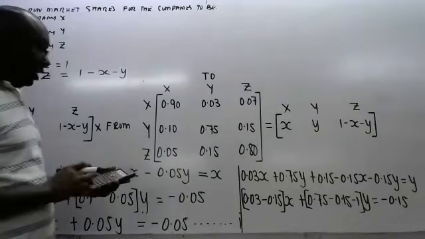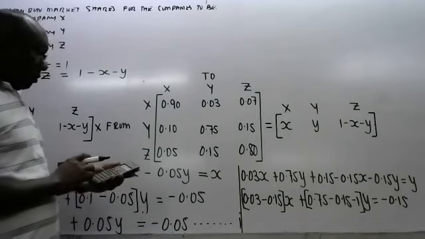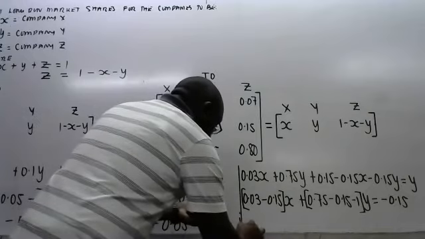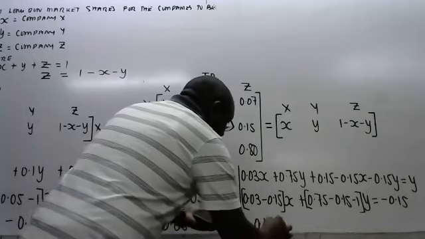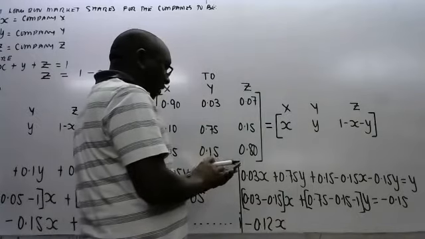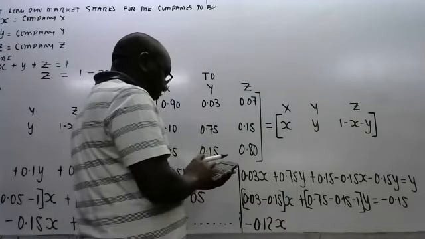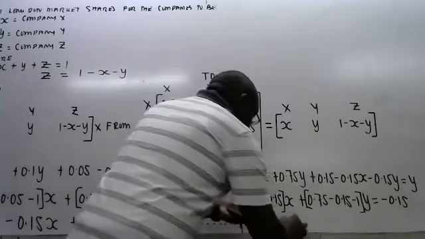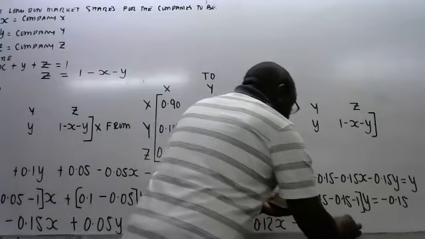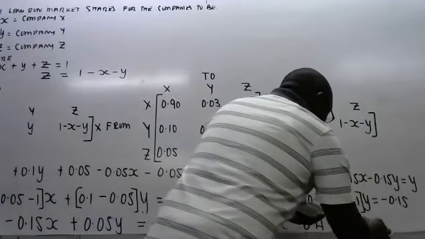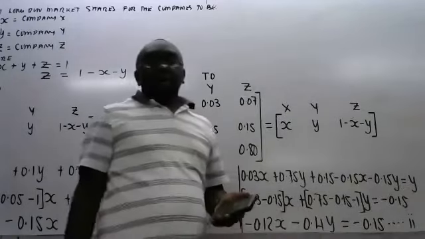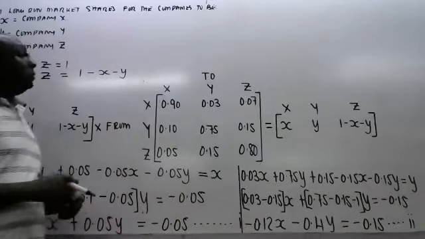So 0.03 minus 0.15 is minus 0.12x. 0.75 minus 0.15 minus 1 is minus 0.4y, equal to minus 0.15. And that one you call equation number 2.